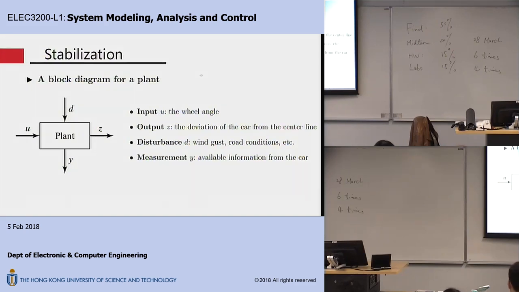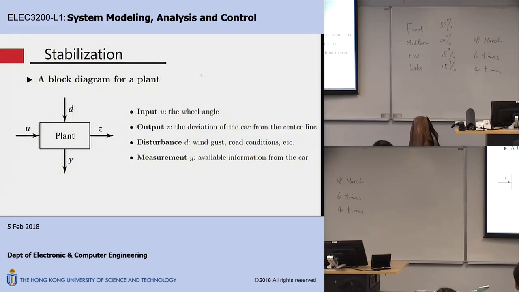We need to measure that variable. So that's why we need to know the information. Right? We do feedback control. We need to know the information about this variable. But sometimes we cannot directly get it. We can only measure some kind of other variable, which might be different from that one. But you can get information about that one from this one. So then we call this a measurement.